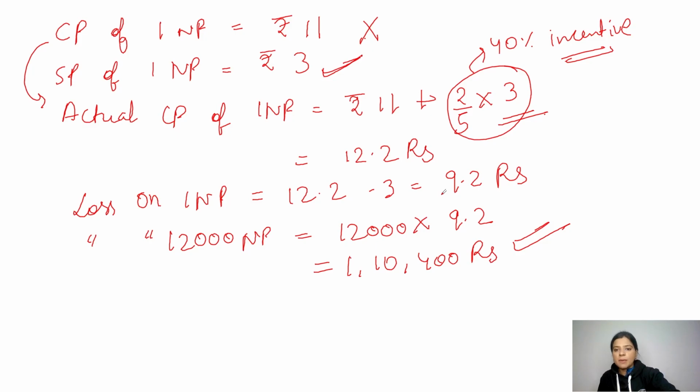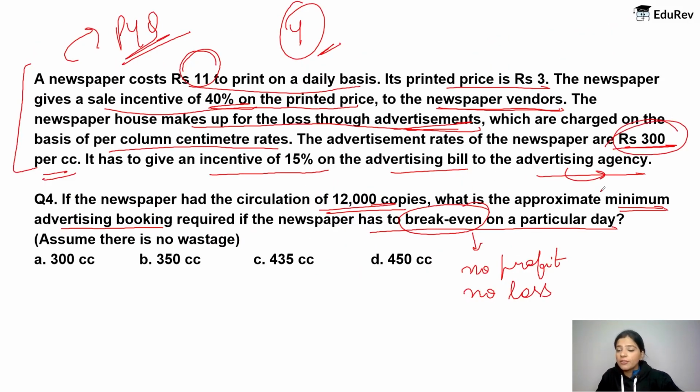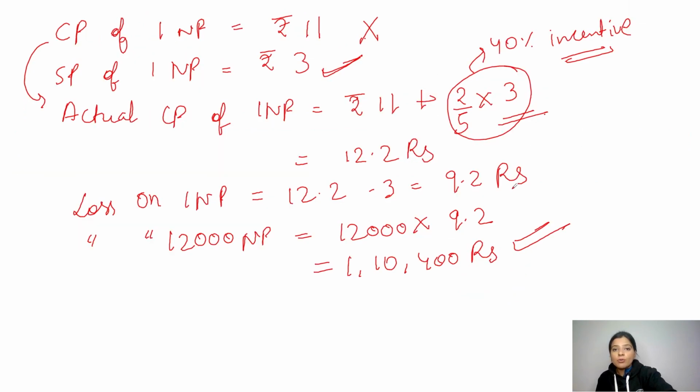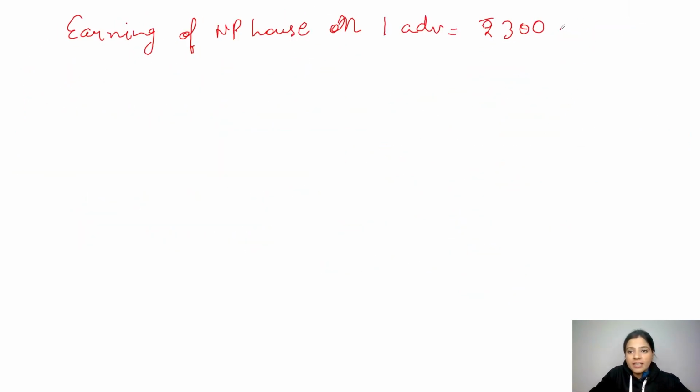Is the newspaper house earning all the 300? No. It also has to give an incentive of 15% to the advertising agency. It means out of 300, it is only earning 300 minus 15% of 300, that is 85% of 300.